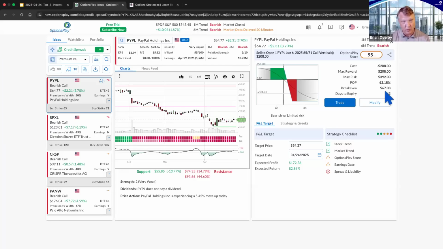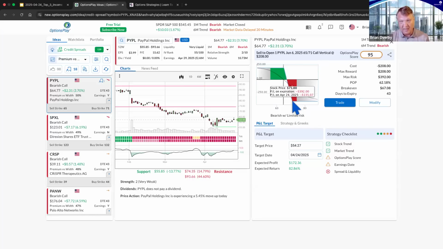We still got 3 points because we're bringing in a big enough net credit that it gives us a small pillow to land on if the market does go against us in that position. So on this vertical call spread, we want the market to stay below that 65 level, and our risk is contained after we get up to the 71 level.